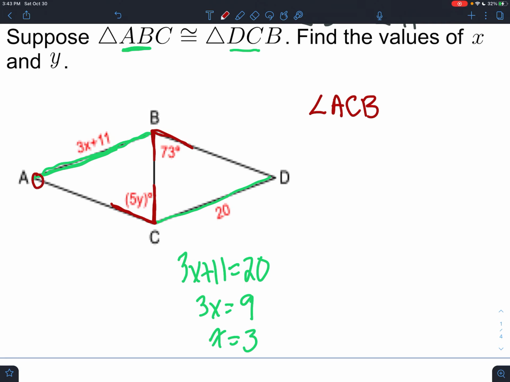So I'm talking about ACB. So it's the 5y. So 5y is the measure of that. And we're hoping this is 73, right? But we want to be precise. We want to practice writing the statements of equality, these congruent statements.